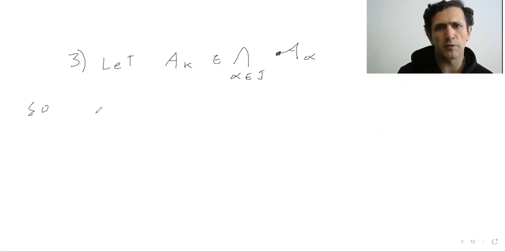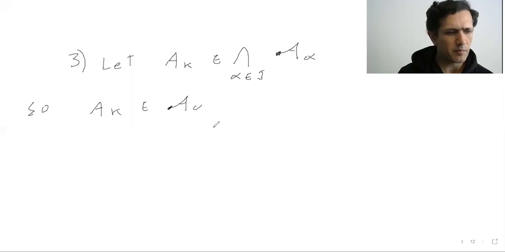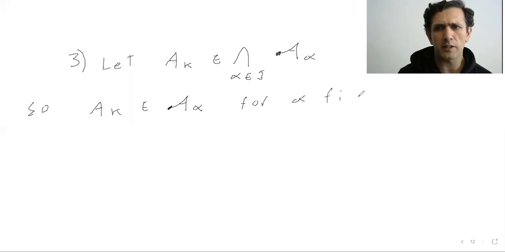Basically, it's the same proof idea. That means A_k is in each A alpha, for each alpha fixed. Well, for each alpha fixed, this is a sigma algebra.